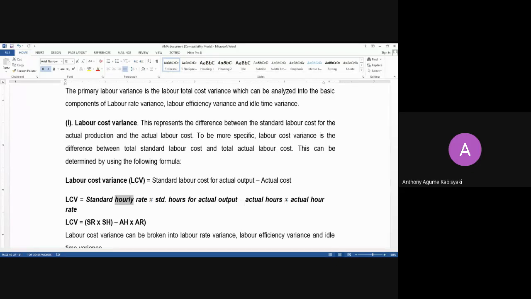Because if you get someone who can work for any rate, that means the output will be zero. You must set a price for yourself. If I ask you what you expect, and you say anything that you give me is fine, that means your output must be really not there.